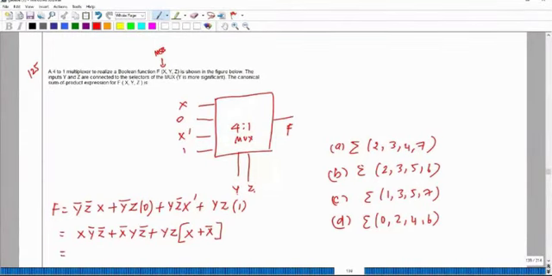So if I multiply this one, I will get xyz plus x̄yz.